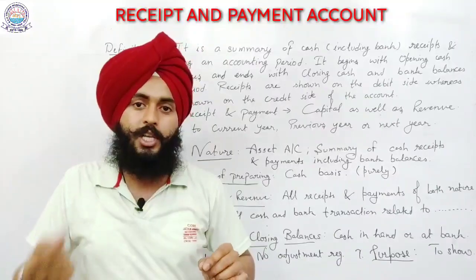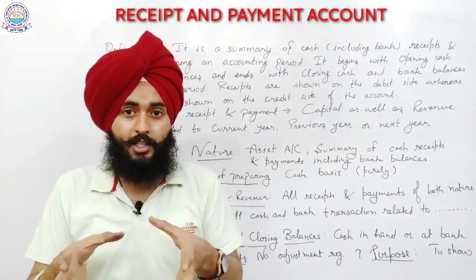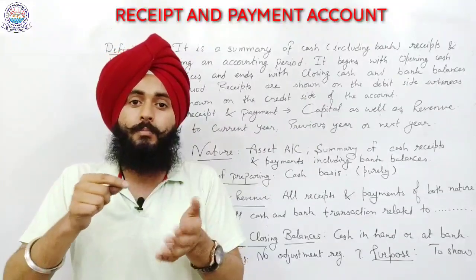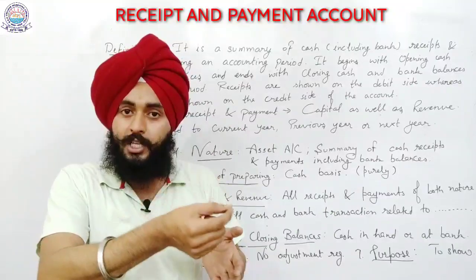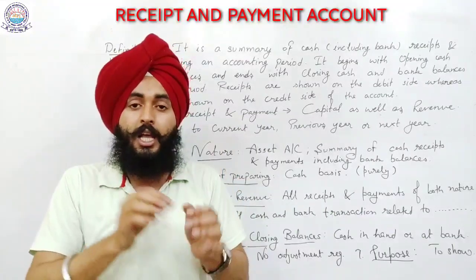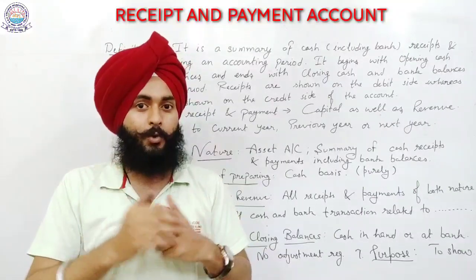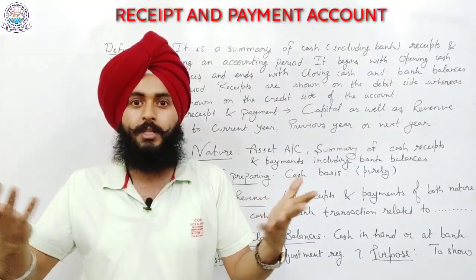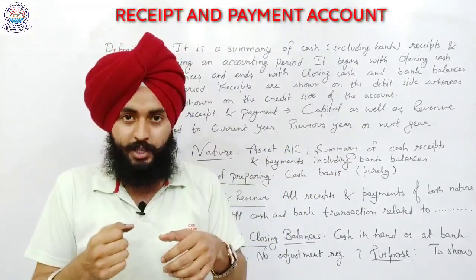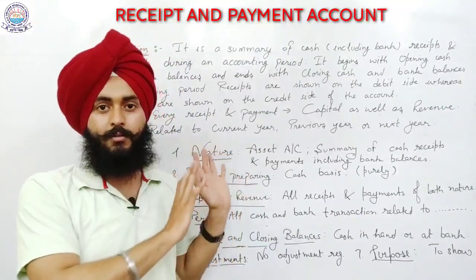If we purchase furniture or a building, this is of a capital nature. Why is it of capital nature? Because the payment given for purchasing the building will be beneficial for us for more than one accounting year. A building will last 5, 10, 15, 20 years. That's why we can capitalize that expenditure. That transaction will be included.